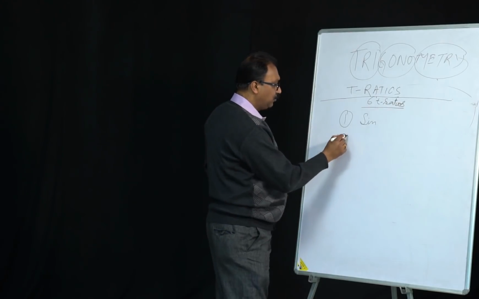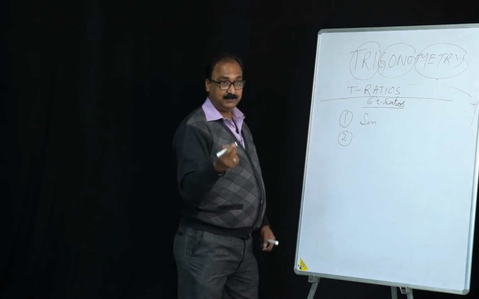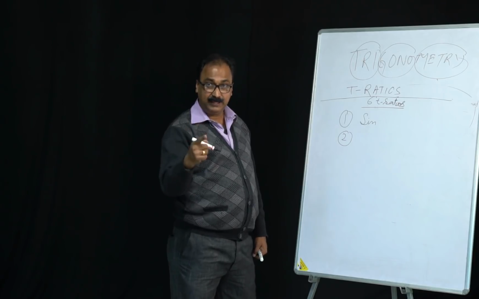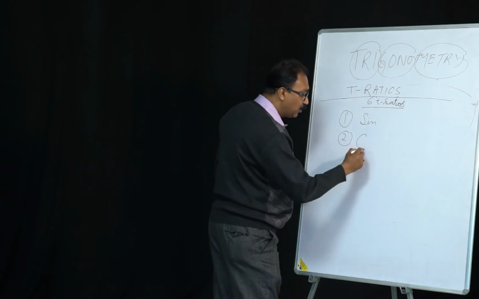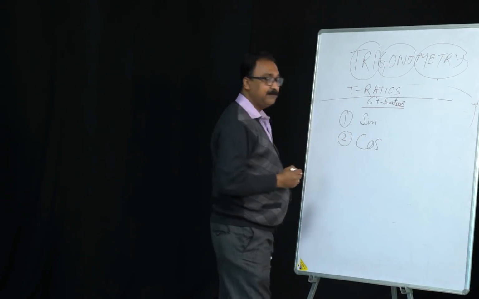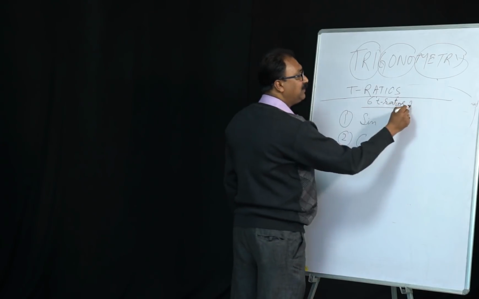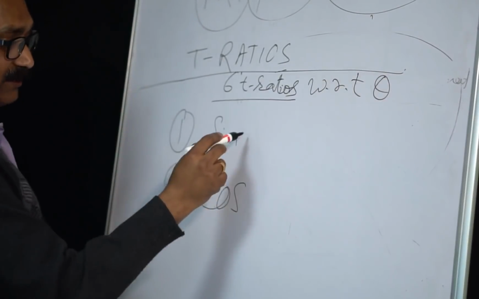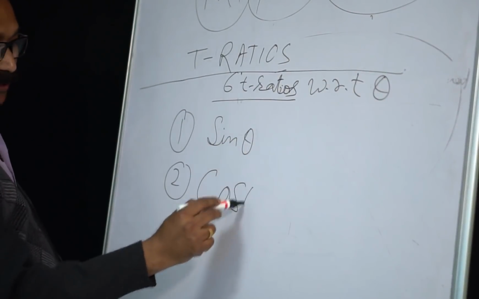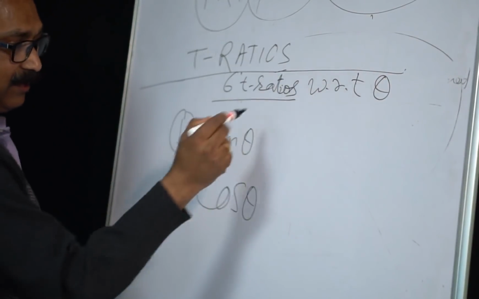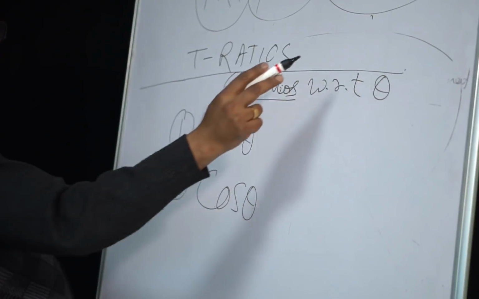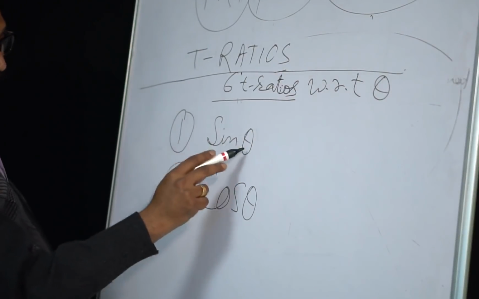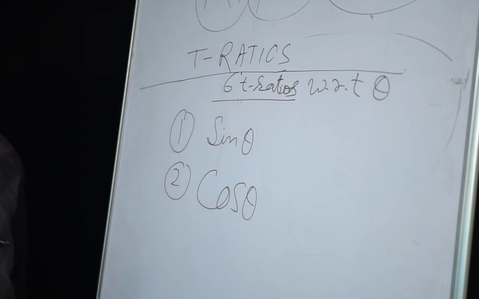Number 2 is cosine, but we use cos. If the T ratio is with respect to angle theta, then we write sine theta, cos theta. If it is alpha, sine alpha, cos alpha. If it is angle A, sine A, cos A. Understood?